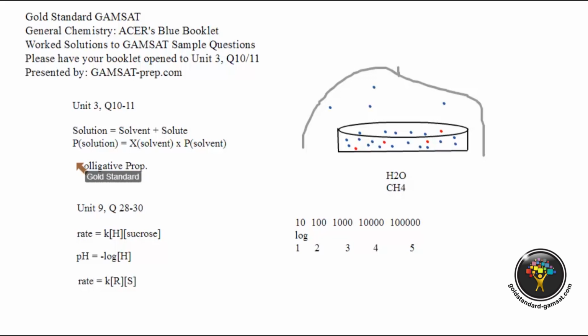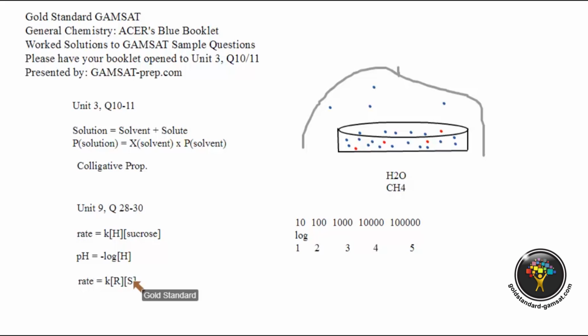But we need to determine what the exponents are of the rate law. So what would be the exponent of R and the exponent of S in order to determine what the true rate law for the reaction is? The only way that you can find the exponents is not by looking at the coefficients of the reaction. This is not like an equilibrium constant or KSP, which is the solubility constant.